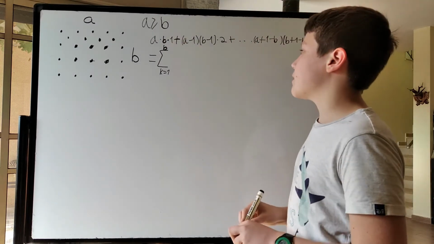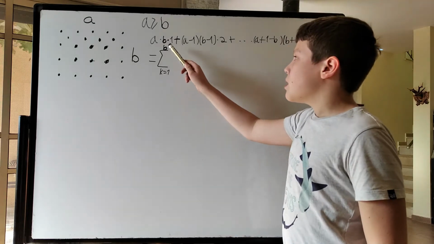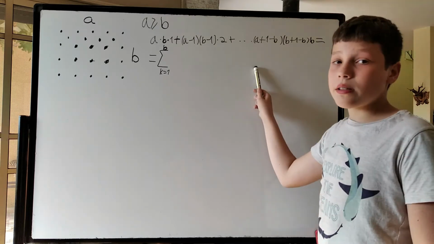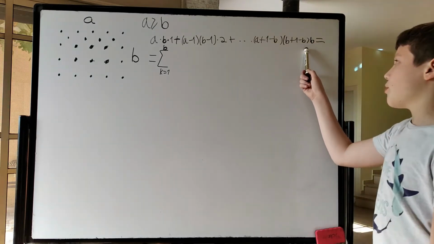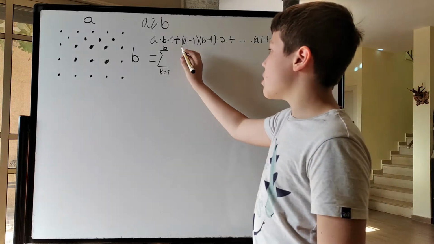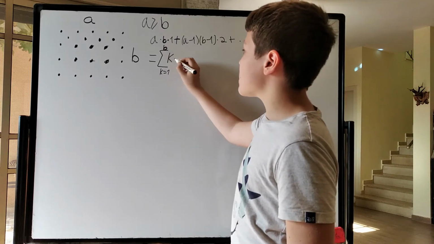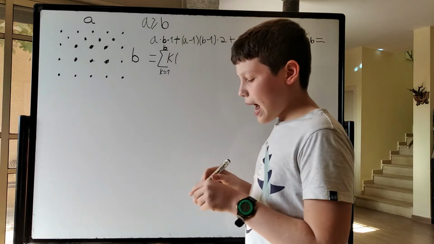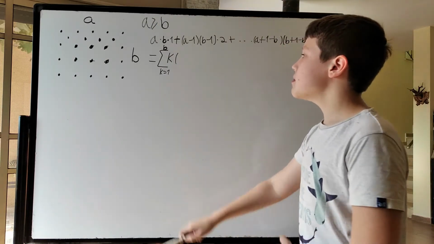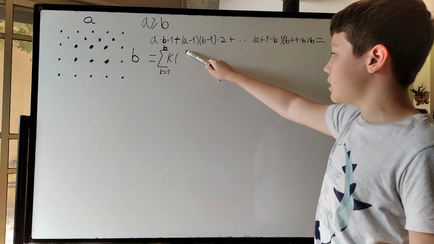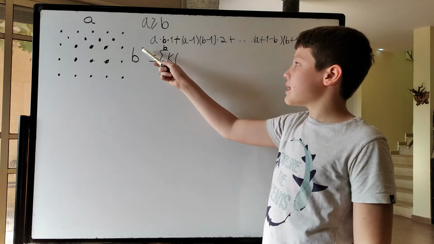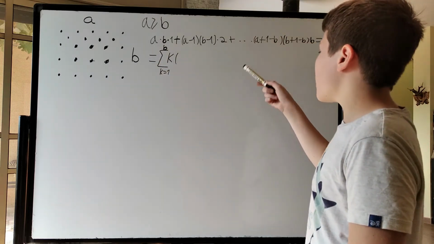Now let's see what's the inside of the sum. Well, you see, in the first term we multiply by 1, second term by 2, third term by 3, and so on, till the B term, which will multiply by B. So we will have in the sum multiply by K. And now we need to write down how this A minus 1, B minus 1, and so on.